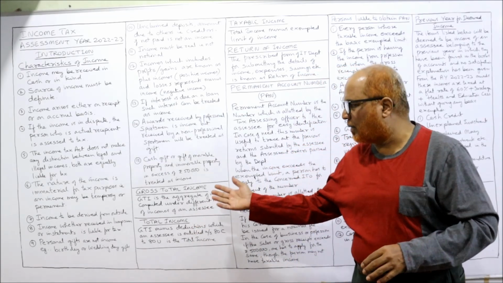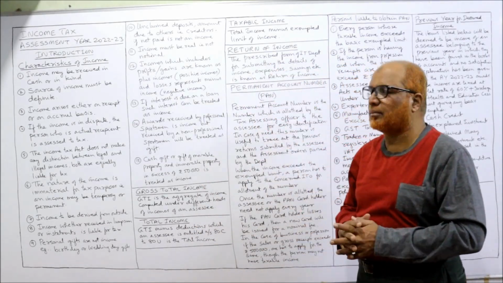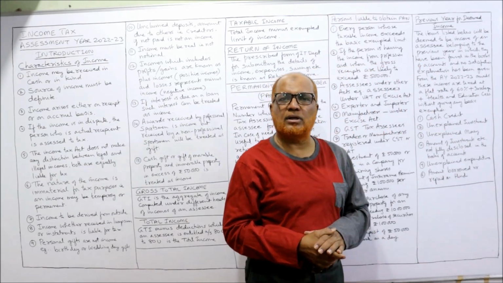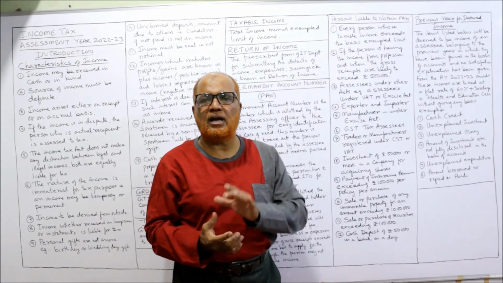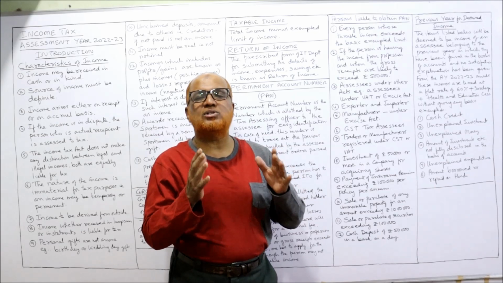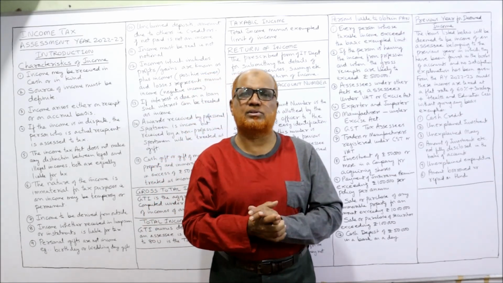Then I'm explaining about gross total income, GTI, then total income, then taxable income, return of income, and lastly permanent account number, PAN, which will be frequently asked in examination. And I already told you this theory is very important because don't depend only on problems.